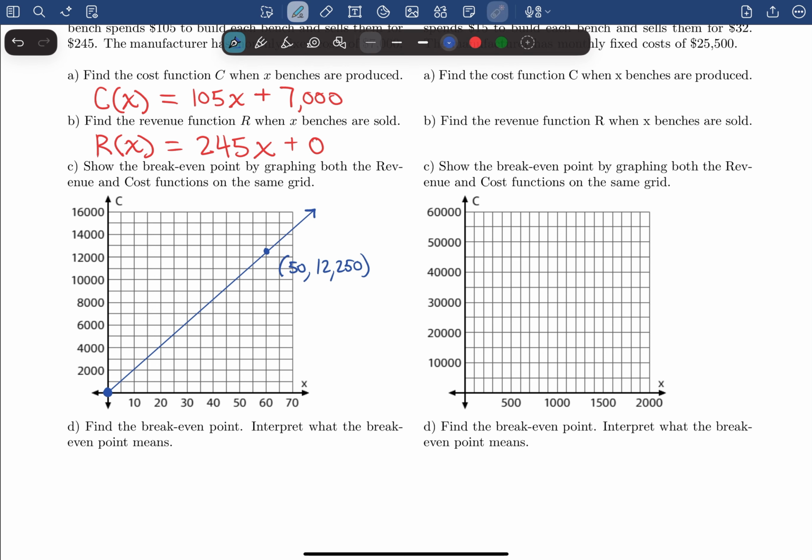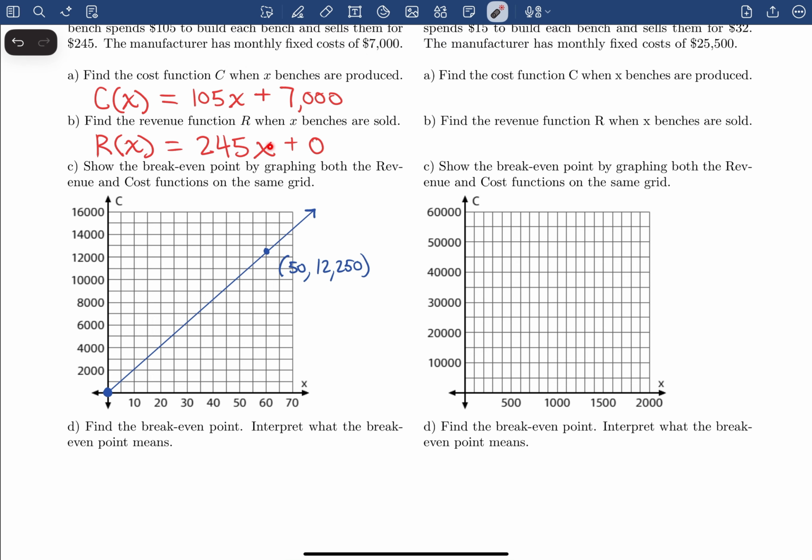Now, you could have chosen any x value to plug into this equation so that you could get a y value to plot another point. If I had chosen an x value of 30, then my y value would have been some specific value right here. I could have chosen an x value of 40 to plug in for x. You could choose any value. Okay, so I chose 50. And then if I plug 50 into the cost function right here, then I will have a specific value that gets output.